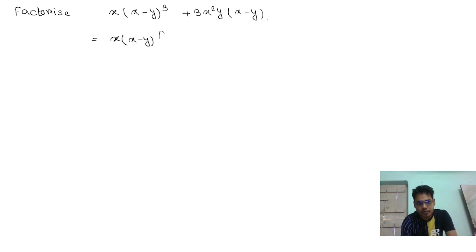If you take this common, what is left here? (x minus y) whole square plus, in the second term, it will be 3xy, because x minus y you can only take common, so only 3xy is left.